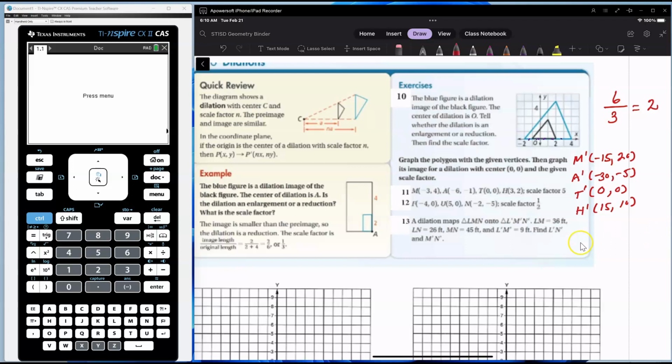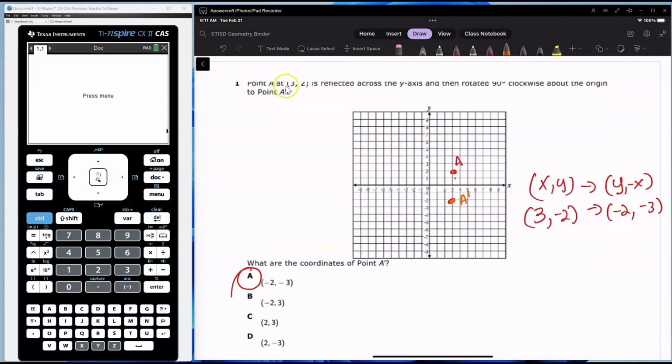So that's how we figure out the coordinates for the new image, is we multiply the x and the y by the scale factor.